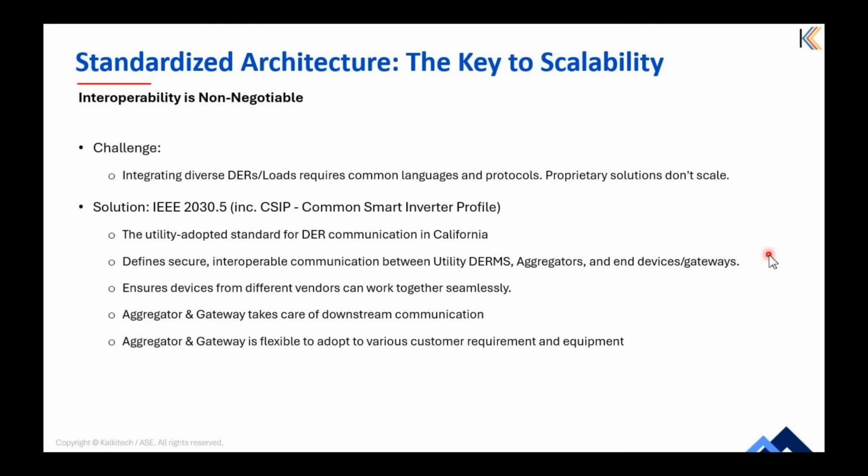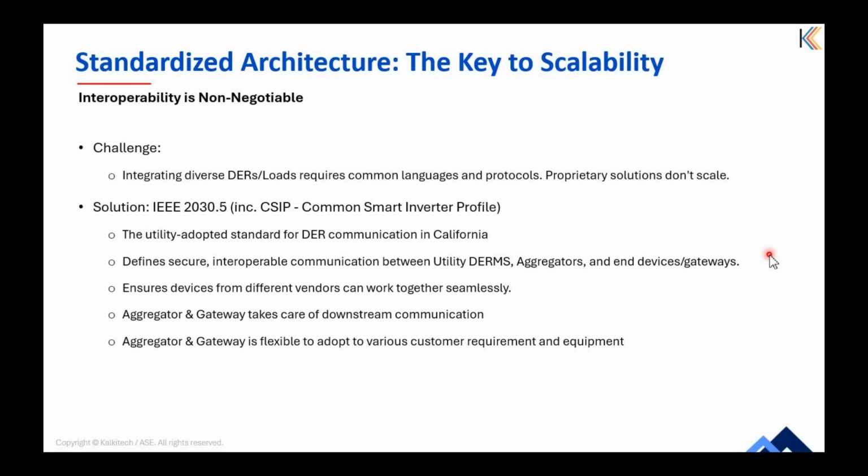The fundamental challenge is getting different types of devices from various manufacturers to communicate effectively. Relying on proprietary, vendor-specific protocols creates silos, and it simply does not scale across the entire grid ecosystem.